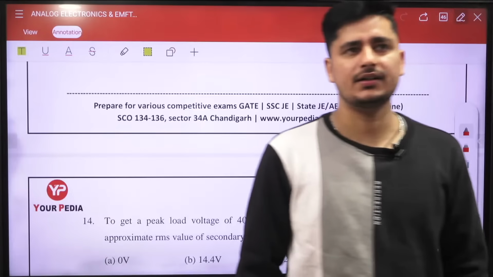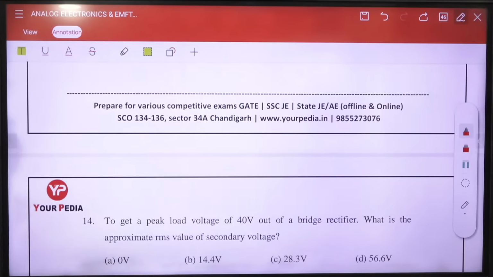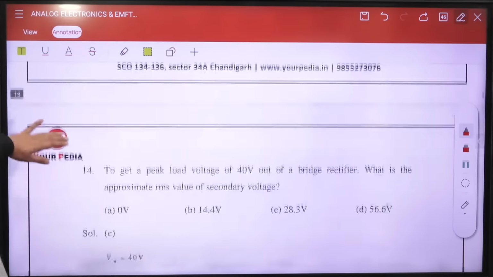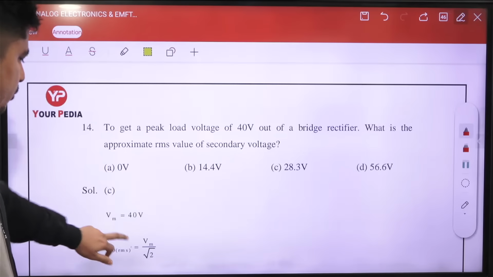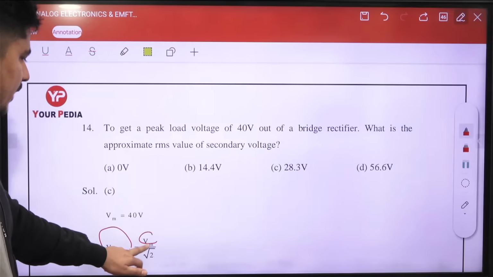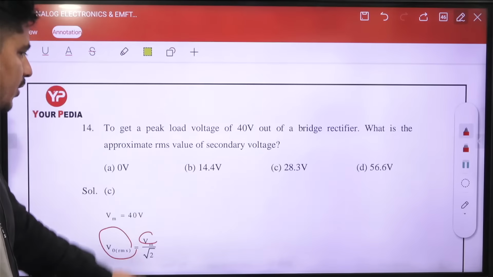This is a bridge rectifier. C is the answer, 28.3. Correct. The output voltage is Vm, and from there you can calculate the value of VRMS, that is Vm divided by root 2.